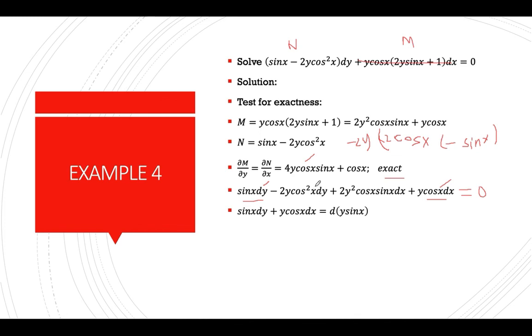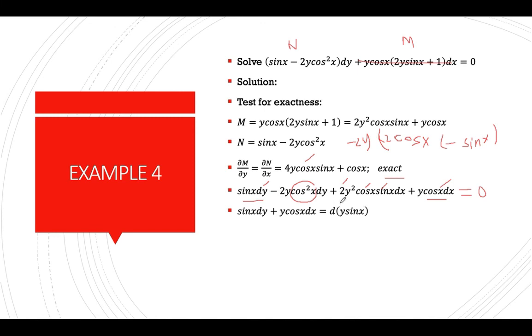Okay, now the other two terms, so you have cosine squared x. The derivative of cosine squared x will be 2 cosine x, then derivative of cosine x is negative sine x. So we include negative here. So we have negative cosine squared x.